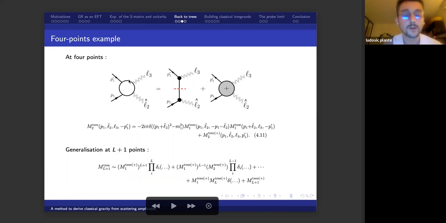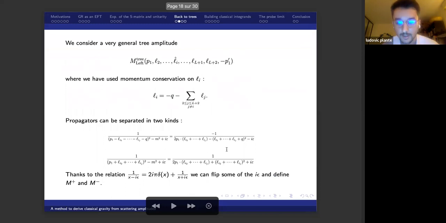So at 4 points, for example, you can consider your 4-point tree, and the momentum you pick is L2, for example. So you express L2 like minus L3 minus q. Doing that, you can show that you will flip this propagator, (P1 plus L2) squared minus m1 squared, because as I said here, we have to flip this one.